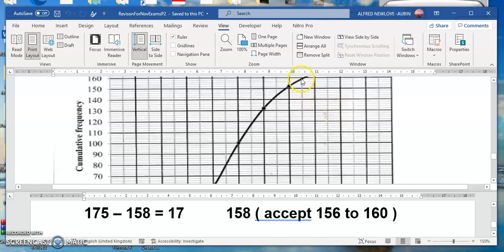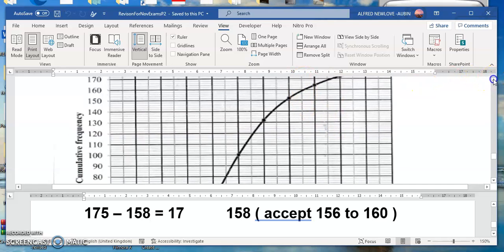So 75 is this one, which is approximately 58. Remember, we counted this one at 2, 4, 6, 8, 10. All right, so 75 is approximately 58 from here to there. And so that's why we had this 158 here, which is 158, not 58, 158.